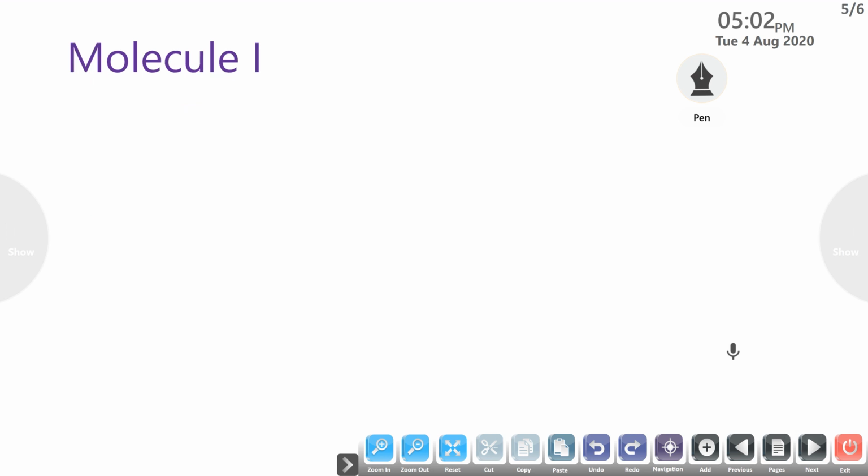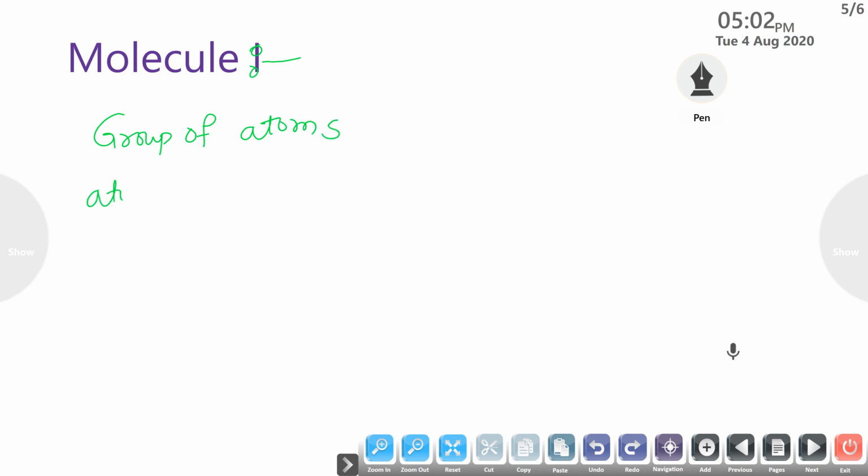Next we will move towards the next topic, that is molecule. What is a molecule? A molecule refers to a group of atoms.